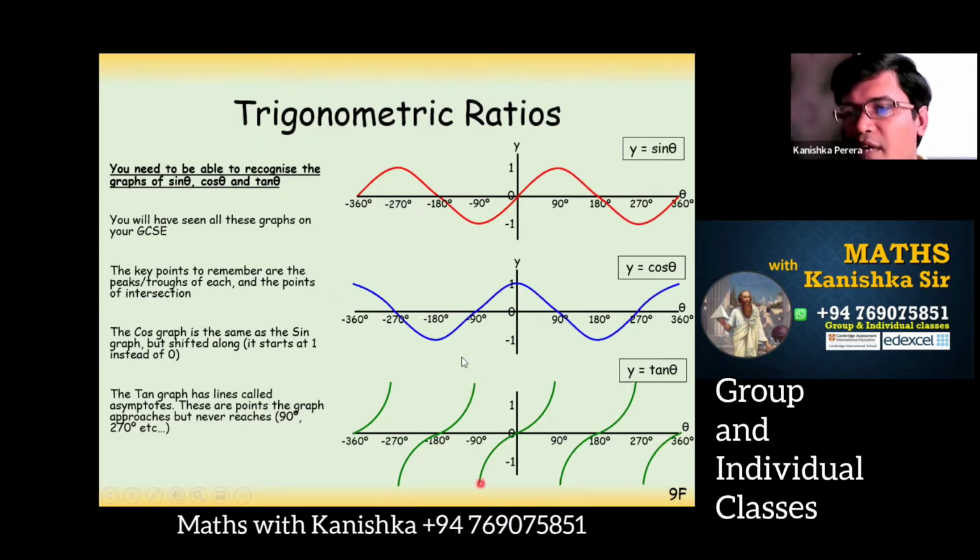Those are touching the particular one, and the graph will go somewhere here. So you have to remember the asymptotes from these particular places. The graph also starts from 0 and goes somewhere here all the time. The turning points, that one asymptote coming from -90, another one is at plus 90. Likewise, that will continue. So these 3 basic graphs you have to remember.